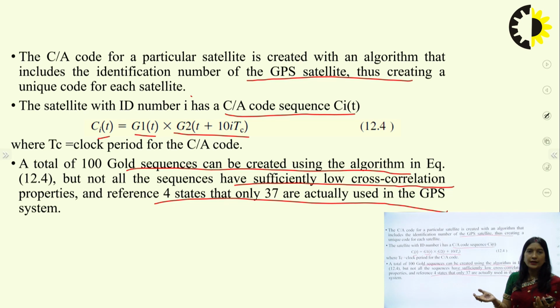So we can generate hundreds of codes with the help of this equation, but these codes must have low cross-correlation, so that we can identify different codes for different satellites. If there is a high cross-correlation factor, then we cannot differentiate two different sequences.